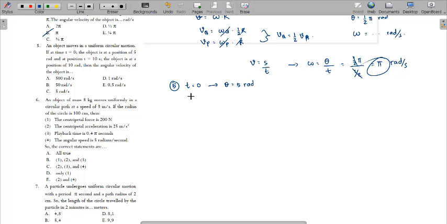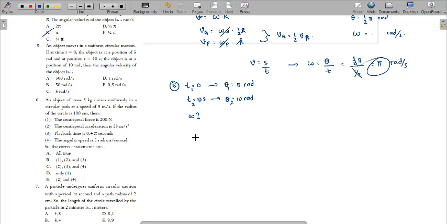And at time equals 10 seconds, the object is at position 10 radian. Or I can say time 1 with theta 1, time 2 with the angular distance 2. And then the angular velocity of the object is omega.